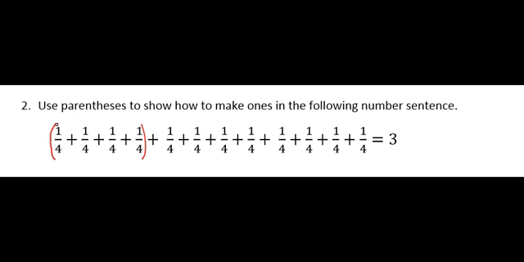There's 4/4 in that section. That's the same as 1 whole. And then I'll group another section of 4/4. That would be equal now to 2 wholes. And my last group of 4/4 shows how I have a total of 3 wholes.